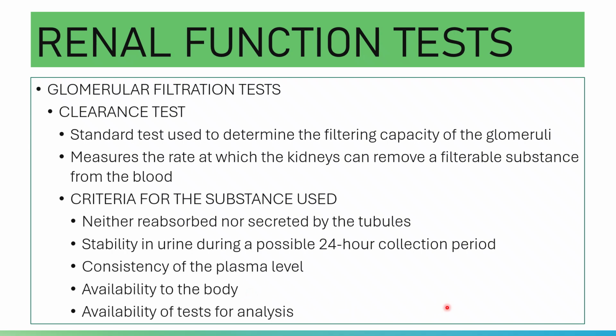Your exogenous substances or the exogenous procedure is more accurate. It is a more accurate measure of glomerular filtration rate compared with endogenous substances. But here's the thing: the procedure for exogenous substances is expensive, time consuming, and inconvenient for the patient.